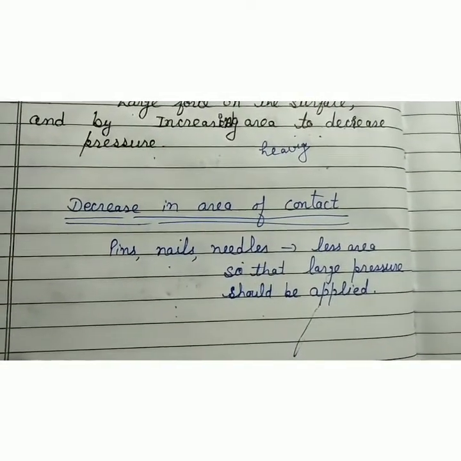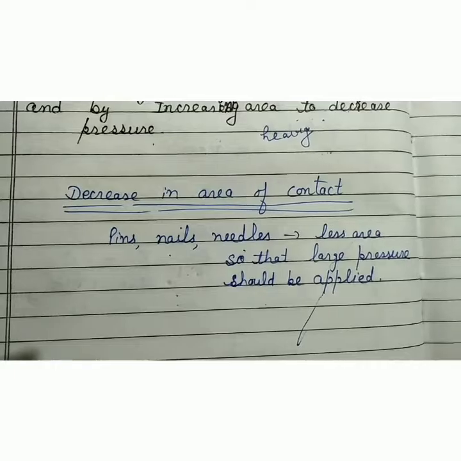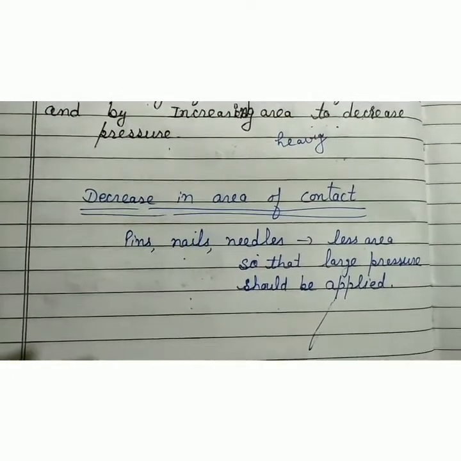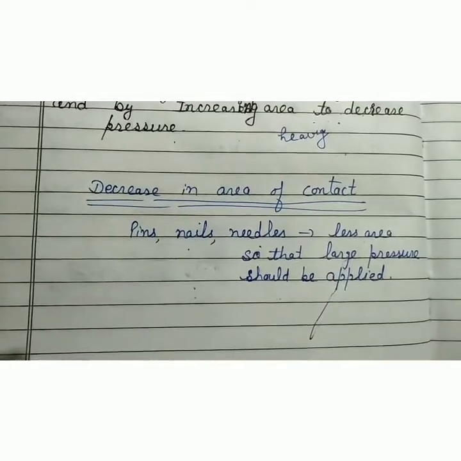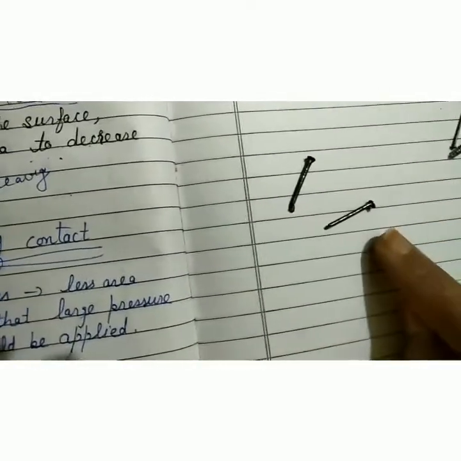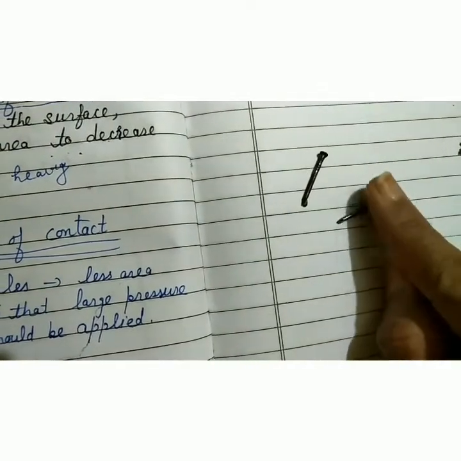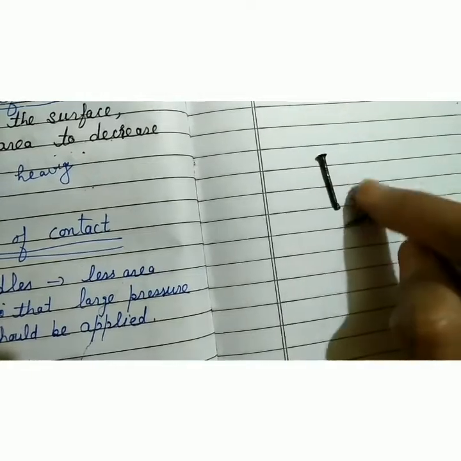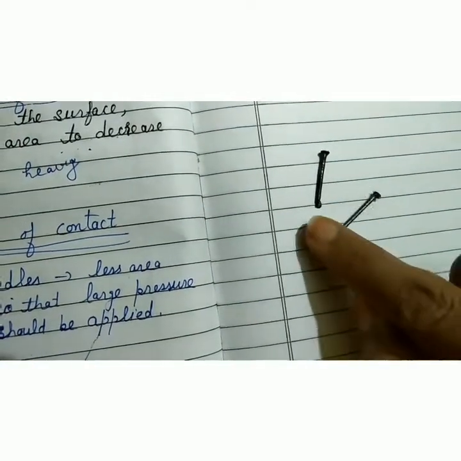Students, there are some examples in which we actually decrease the area of contact so that for the same force we can increase the impact of pressure. For example, I have taken these two nails, and one nail has a sharp tip and the second has a broad tip.